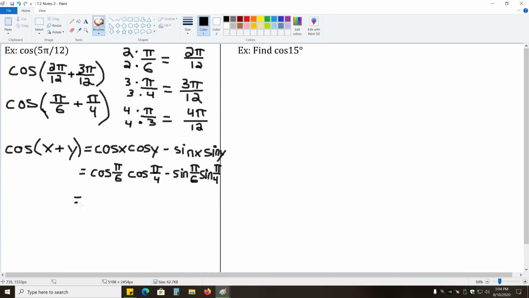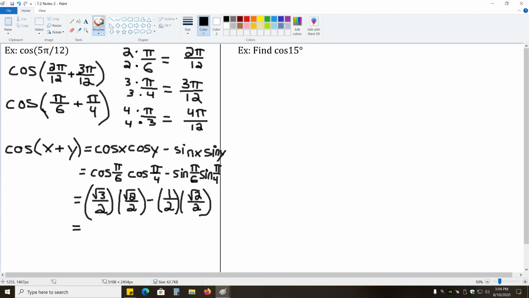And now it's just a matter of simplifying. Cosine of pi over 6 is the square root of 3 over 2. Cosine of pi over 4 is the square root of 2 over 2. Minus sine of pi over 6 is 1/2 times sine of pi over 4 is the square root of 2 over 2. And now we begin simplifying.